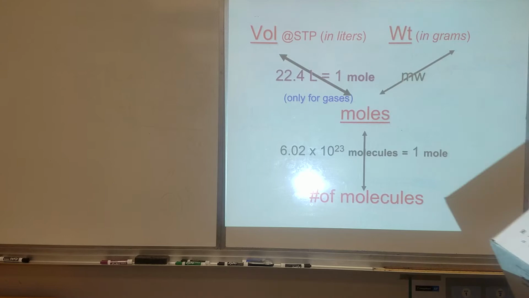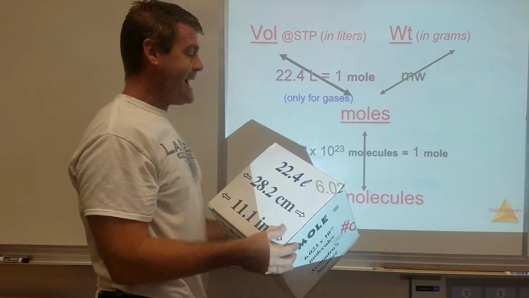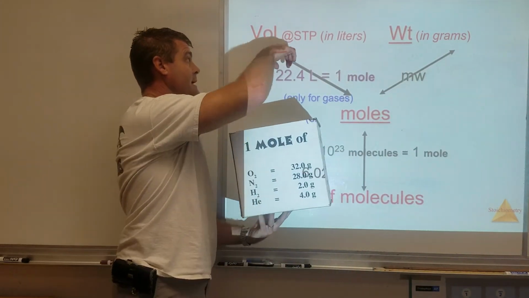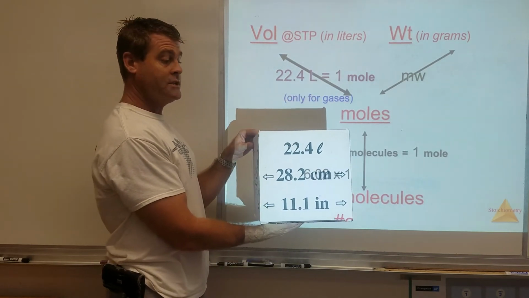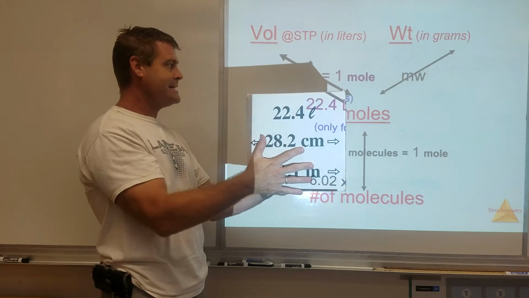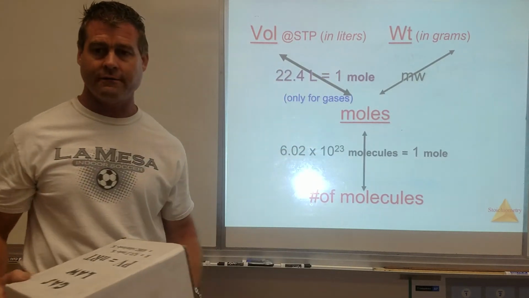I'll just remind you guys, so what we're saying here is if you had 1 mole of a gas at standard temperature and pressure, it's going to occupy a space that's 22.4 liters. So it helps to know that conversion factor.